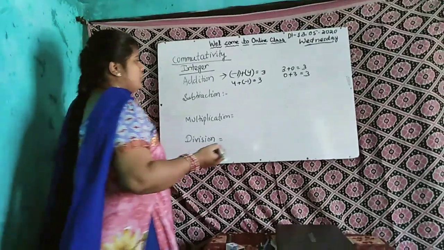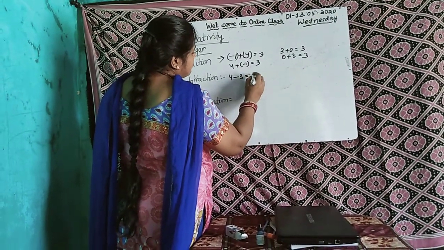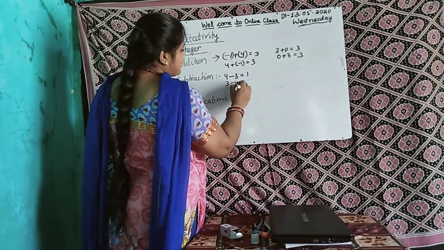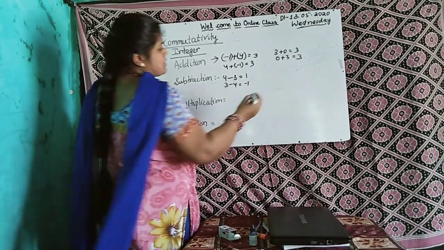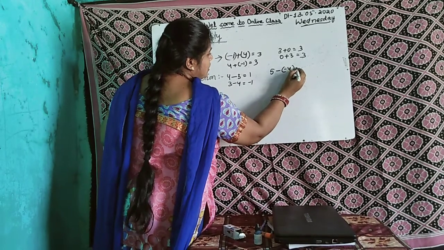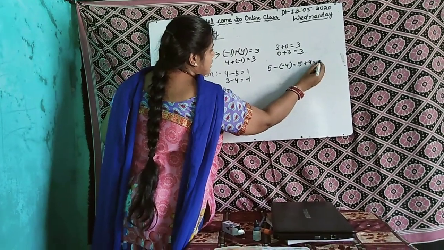Then subtraction, again two numbers. Suppose 4 minus 3 equals 1. You change it, 3 minus 4, you get -1. Suppose 5 minus -4; the answer will be 5 plus 4 equals 9.